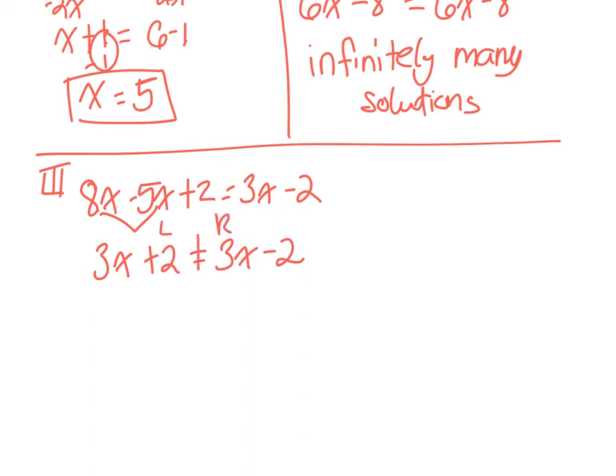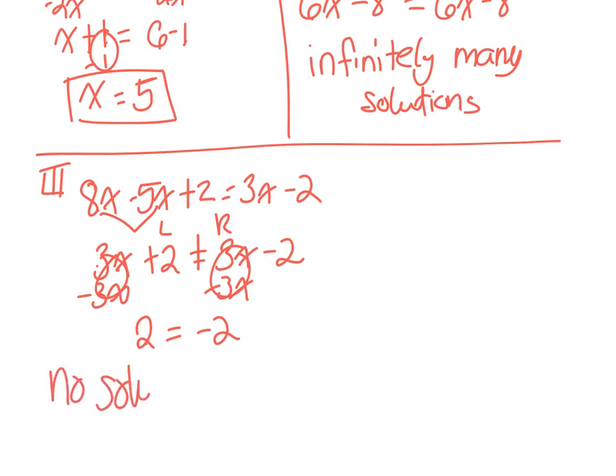I'll move my 3x from my right side to my left side by subtracting 3x. 3x minus 3x gives me 0, so I'm left with 2 equals negative 2. My equation is false, so this means I have no solution. 2 does not equal negative 2.